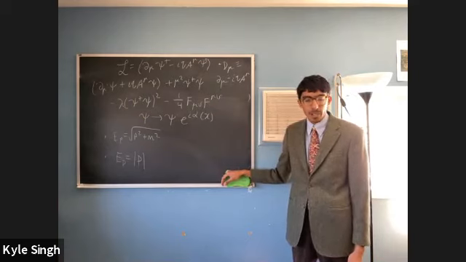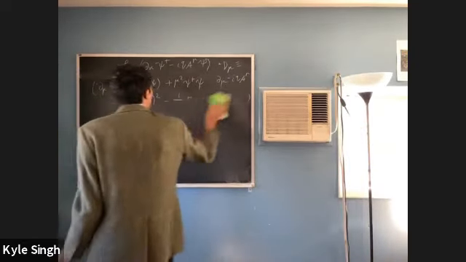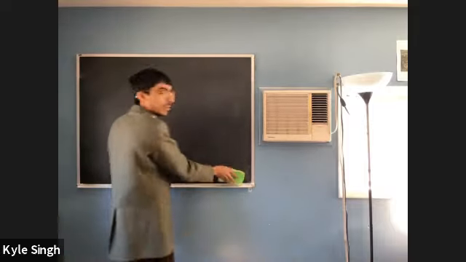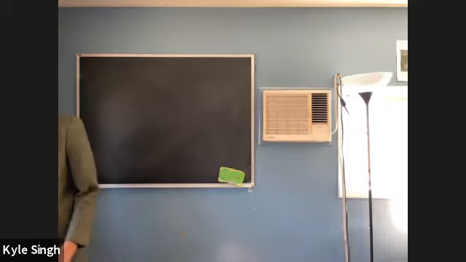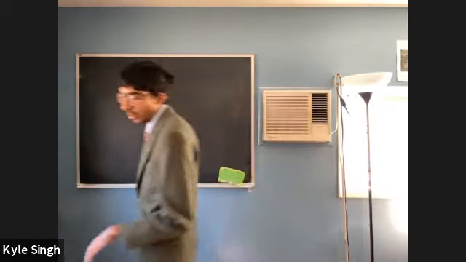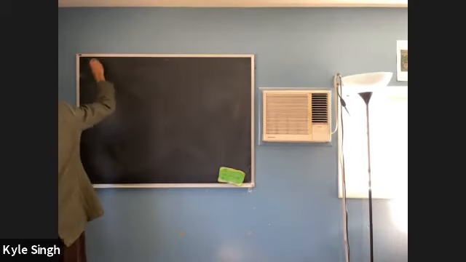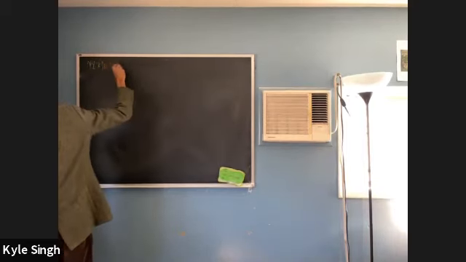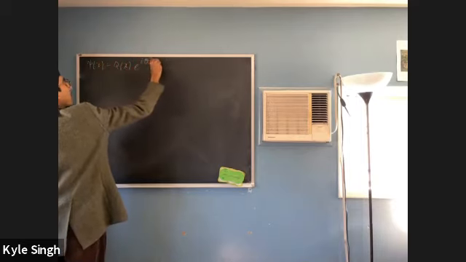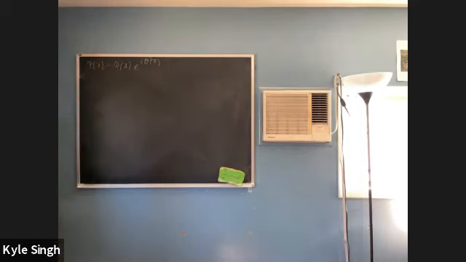Okay, can I erase the board? So we have a nice little theory that we've written down. I want to write this in polar coordinates again. So psi of x will equal q of x times e to the i theta of x in polar.